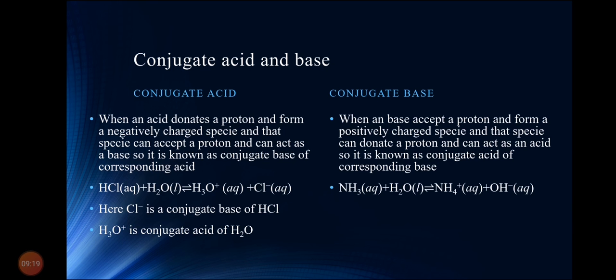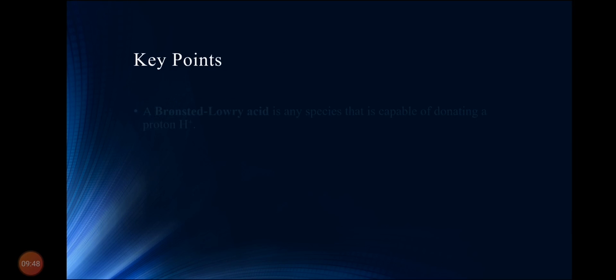Here you can see that ammonia reacts with water, forming ammonium ion along with OH- ion. NH3 accepts a proton, so NH3 is a base, and they form NH4+ ion. The NH4+ ion can act as an acid because it can donate a proton. Here NH4+ ion is a conjugate acid, while OH- ion is a conjugate base.